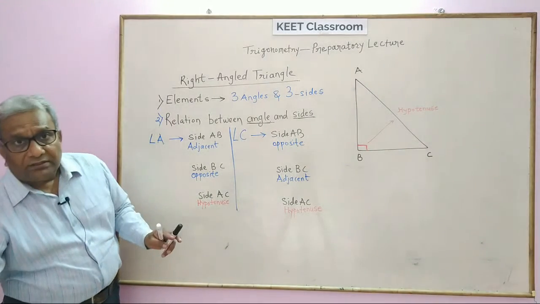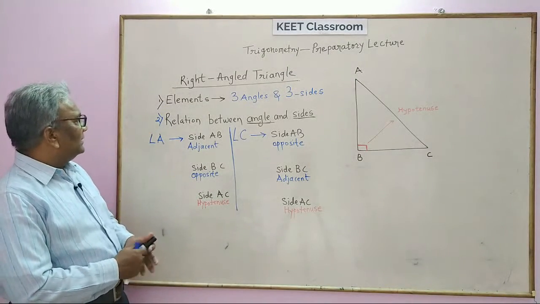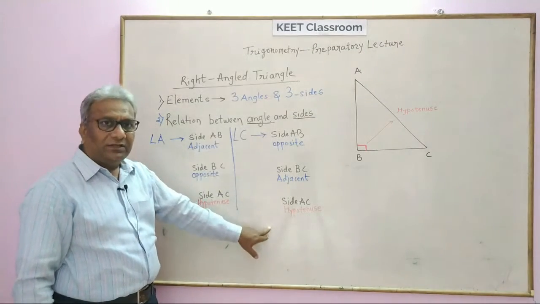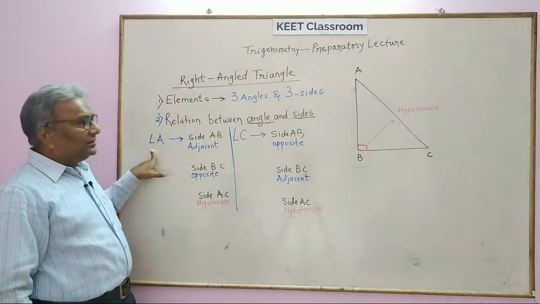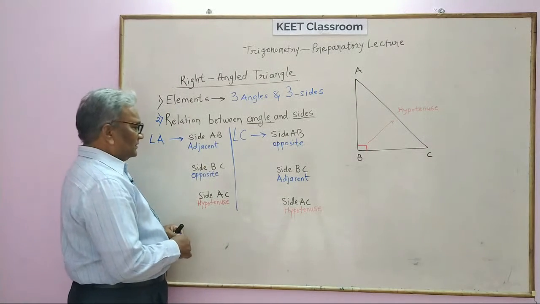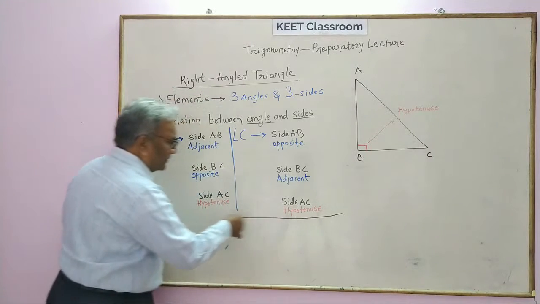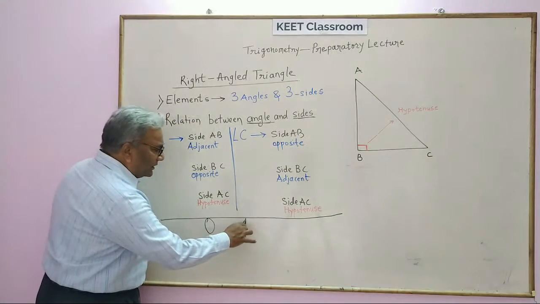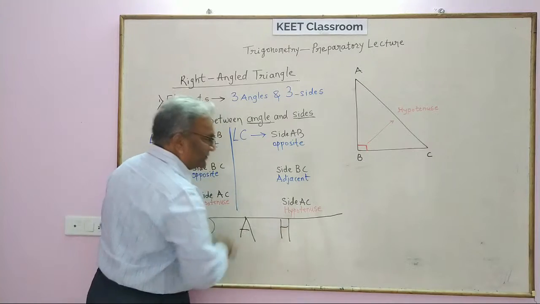Now note here very carefully what is the relation between angle A and the sides, angle C and the sides. You will note that for angle A and for angle C, the sides are either opposite or adjacent or hypotenuse.